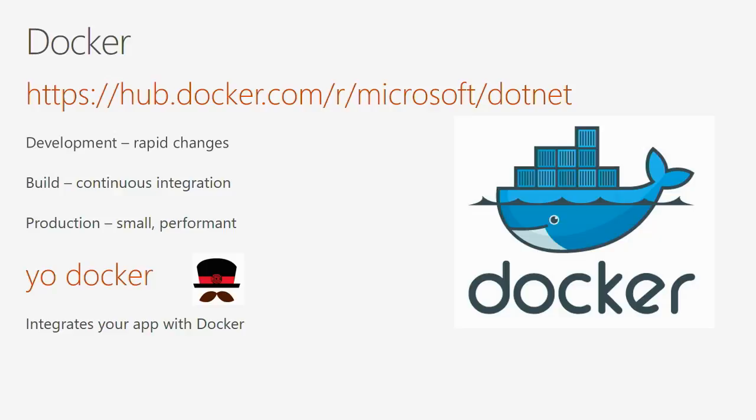Each one is designed to tackle different priorities we have at the different stages of our development process. So while we develop, we want to be able to quickly iterate changes and remote debug into the container that is running our app. And I'm going to demo that in a few minutes.